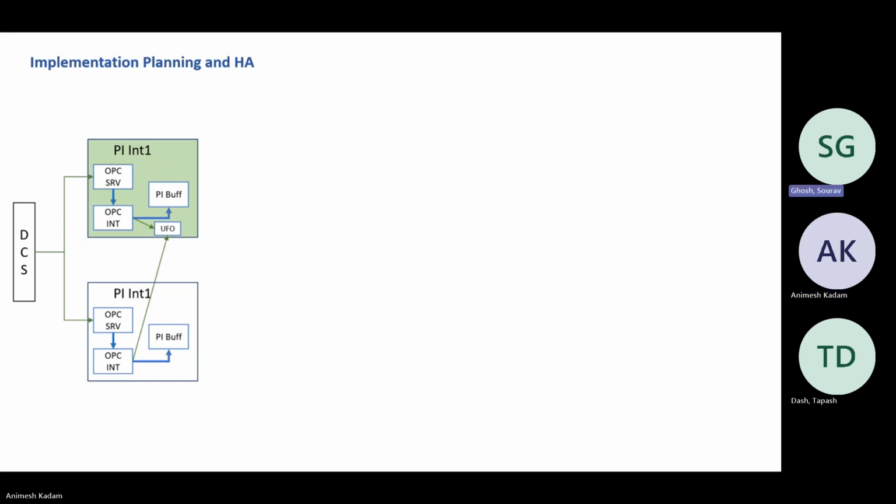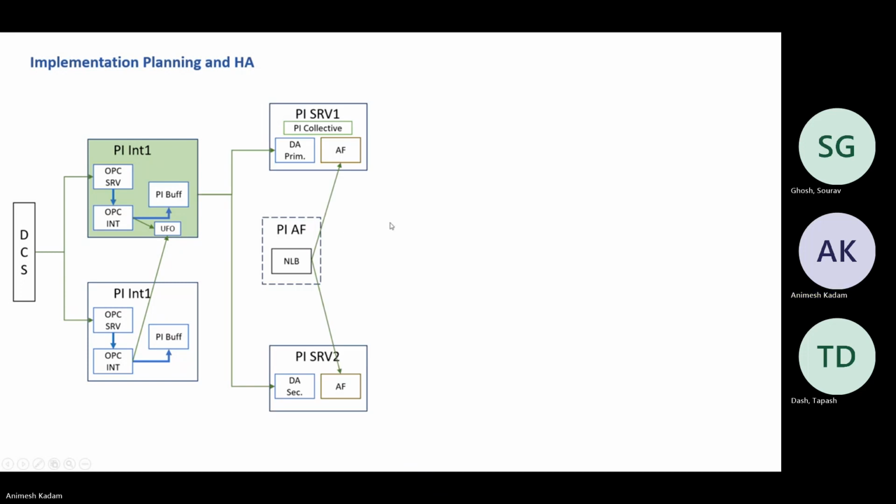Right. Then going forward, what we have seen is the interface level failure and OPC level failure. Then going to the Pi server.